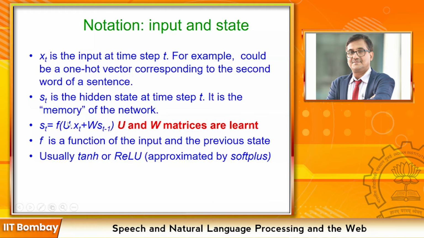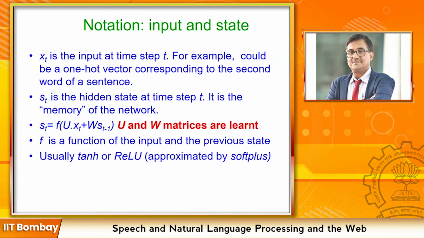Now we understand that all these, though diagrammatically represented as circles, arrows, etc., are simply different matrix operations, matrix multiplication and matrix addition. So U into xt is a matrix, W into st minus 1 is another matrix, or they could be just numbers if they are column and row vectors. So the function f operates on this quantity. So f is a function of the input and the previous state. Unlike a feed-forward network, where f is only a function of the input.